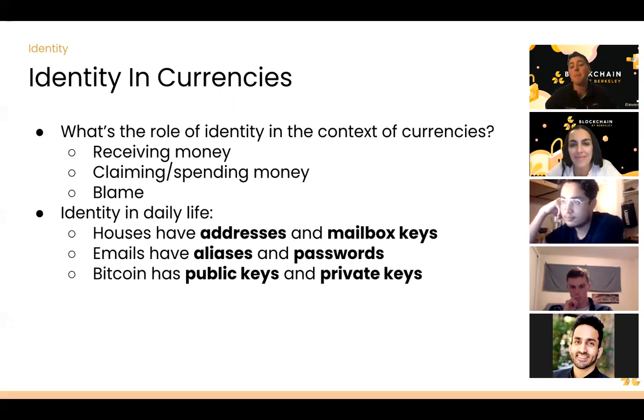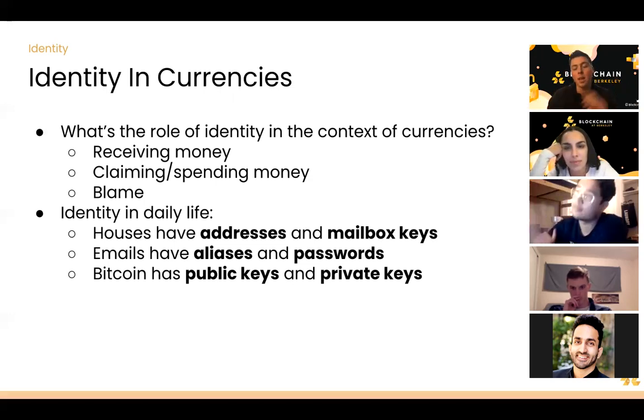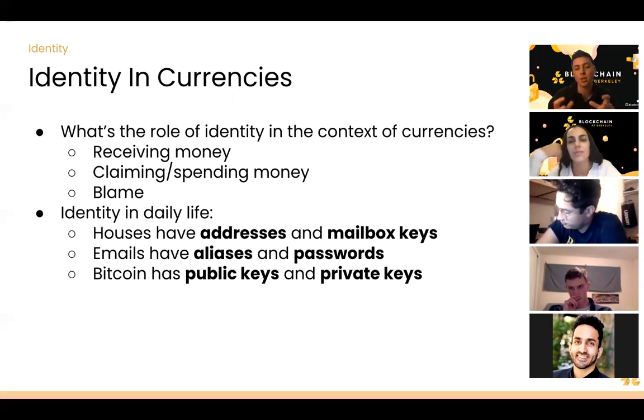On the other side of that, we have mailbox keys. For a mailbox, anyone can put mail inside or visit, but only the person who has the mailbox key can actually remove their mail and read through it. Similarly, with an email, we have a username and a password. The username, or the alias, or maybe the domain name, whatever it may be, I know exactly that.